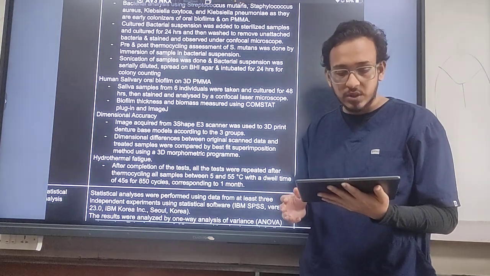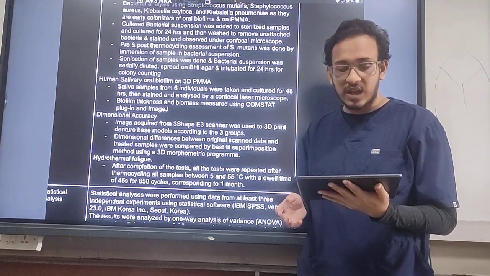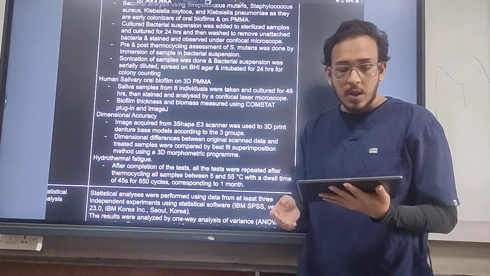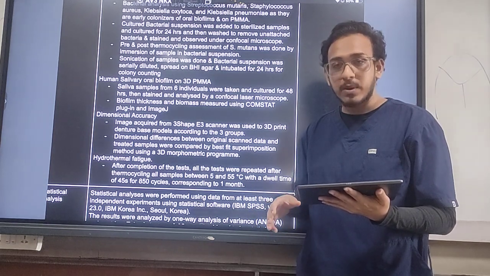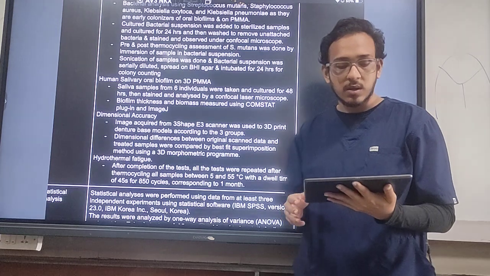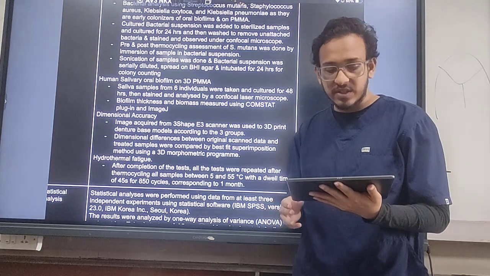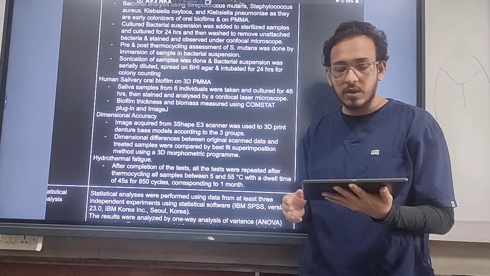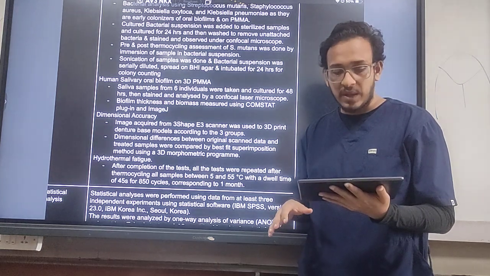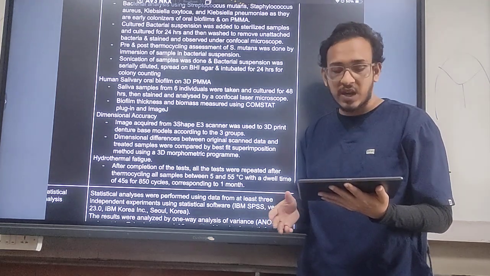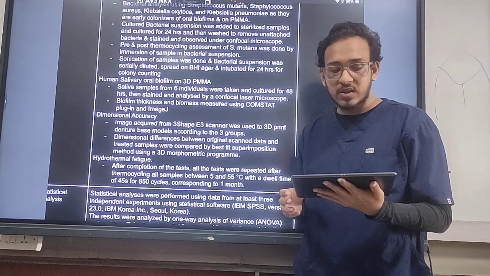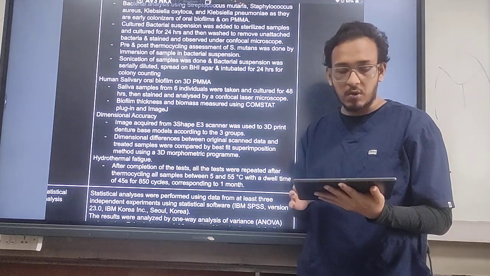Pre and post thermocycling assessment was done for S. mutans by immersion of the sample in the bacterial suspension. Sonication of the sample was done and the bacterial suspension was serially diluted, spread on BHI, that is brain heart infusion agar, and incubated for 24 hours for colony counting.